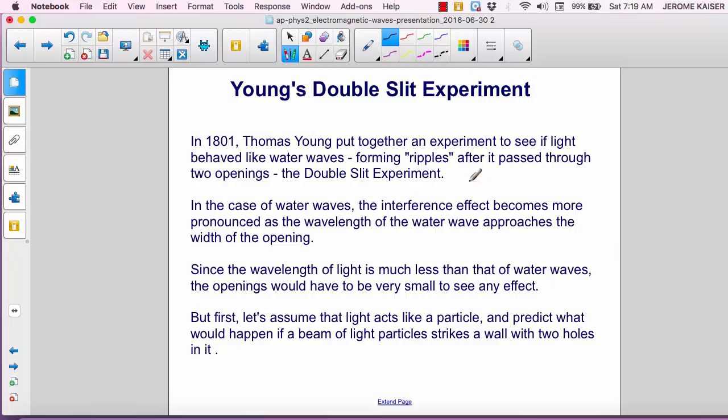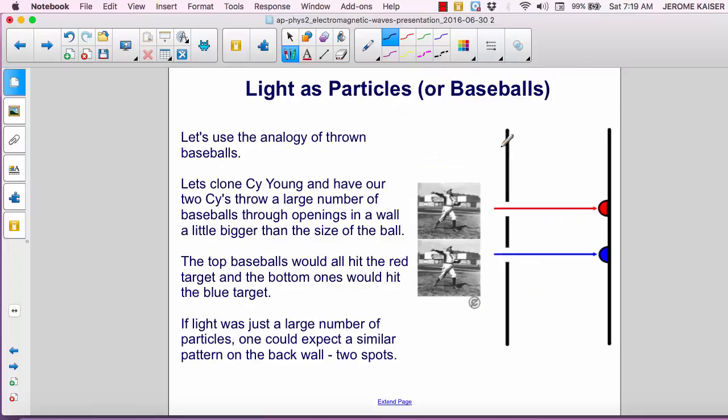But first, let's assume that light acts like a particle and predict what would happen if a beam of light particles strikes a wall with two holes in it. All right, so let's consider light as particles, or in this case, baseballs. And so let's have Cy Young cloned and have the two Cy Youngs throw a large number of baseballs through openings in a wall just a little bit bigger than the size of the ball.